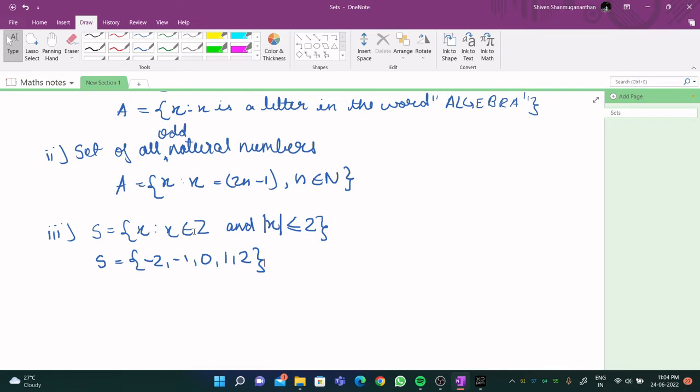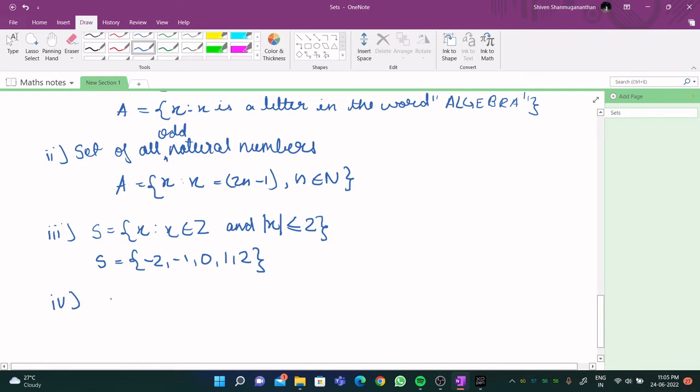Now we'll do another type. Describing a set in the set builder form when it is in the roster form.